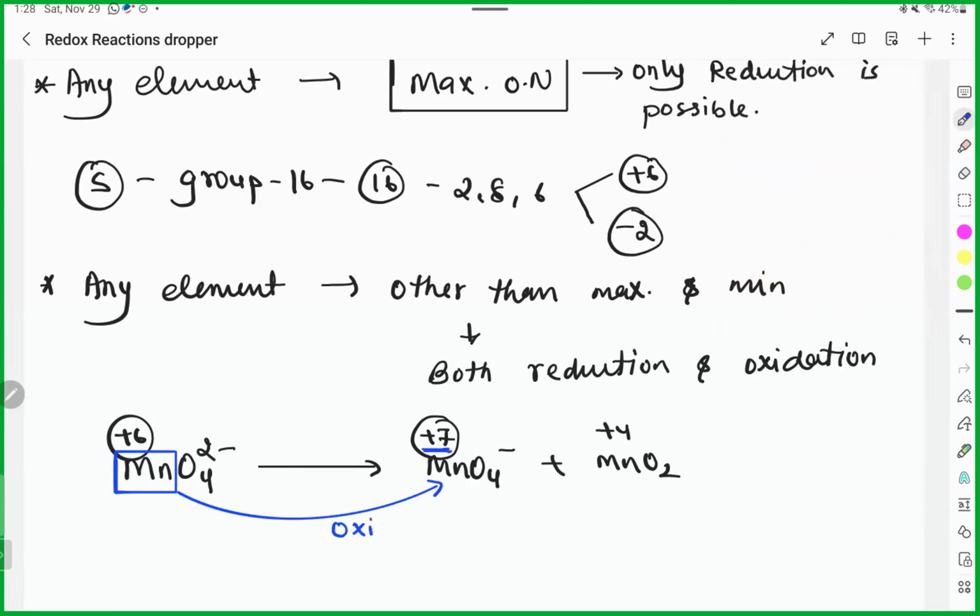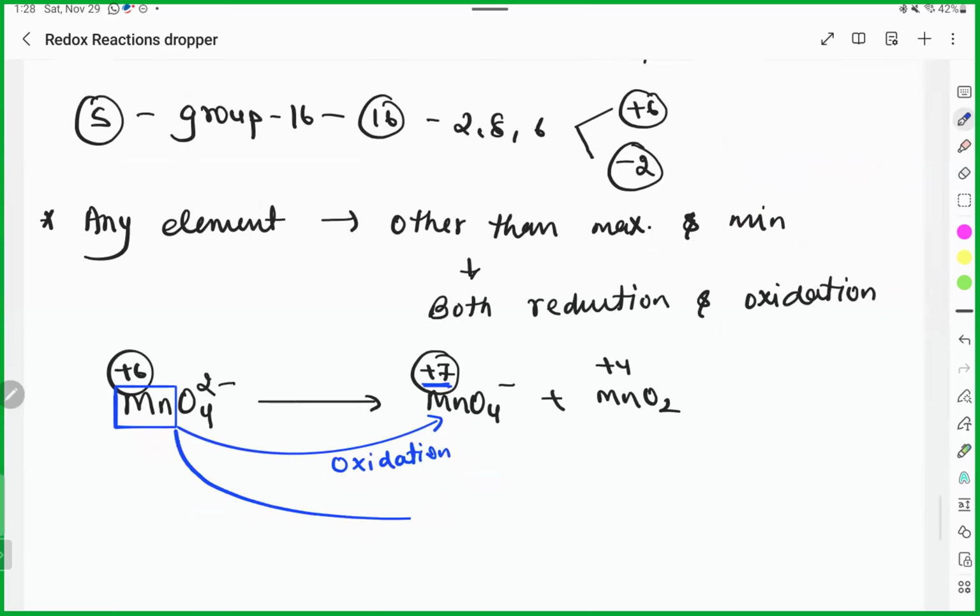So it can undergo oxidation as well as reduction. So this is a disproportionation reaction. So you can assume if any element has a value other than the maximum and minimum, a disproportionation reaction can happen. Any doubt, guys?